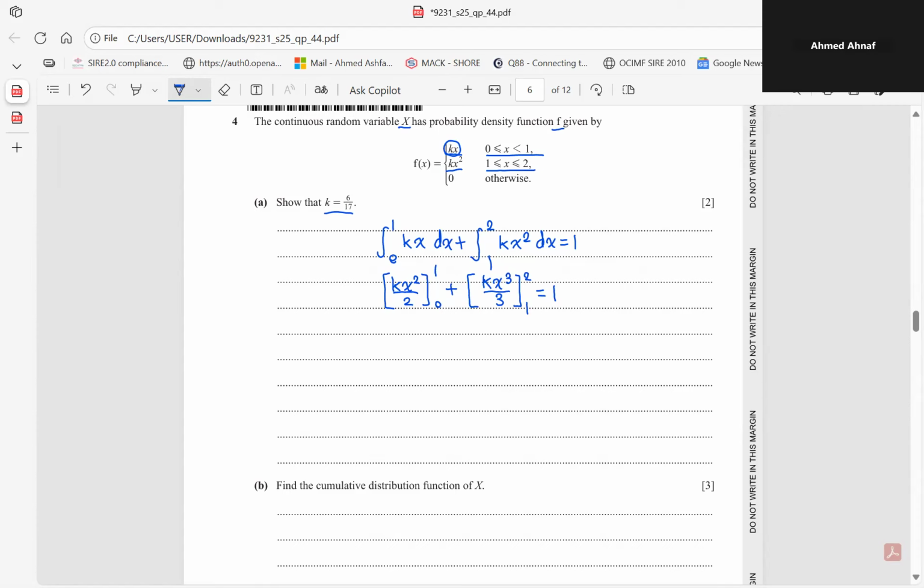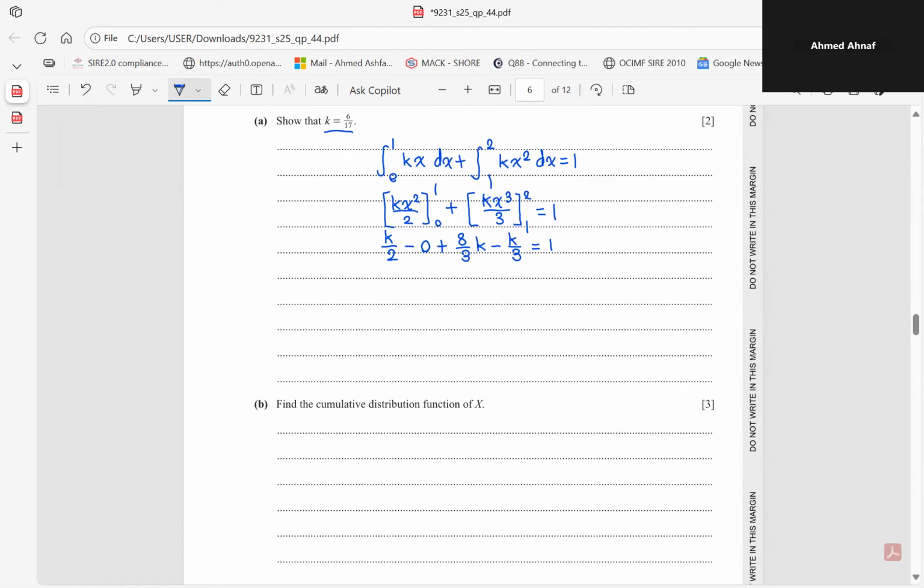So let's find the area under kx first. The limits will be 0 to 1, kx dx, added with the integral from 1 to 2 of kx squared dx, equals 1. This will be kx squared over 2 from 0 to 1, plus kx cubed over 3 from 1 to 2. Sub 1 first here: k over 2 minus k times 0 squared over 2, that's just 0, plus substitute 2, you get k times 2 cubed, that's 8k over 3, minus k times 1 cubed, that is k over 3, equals 1.